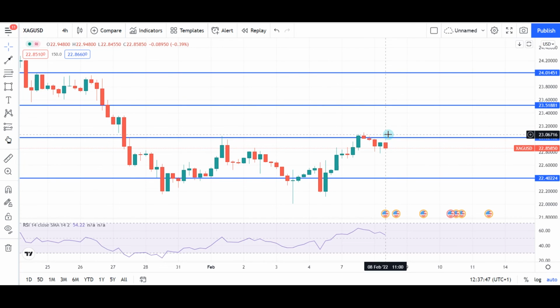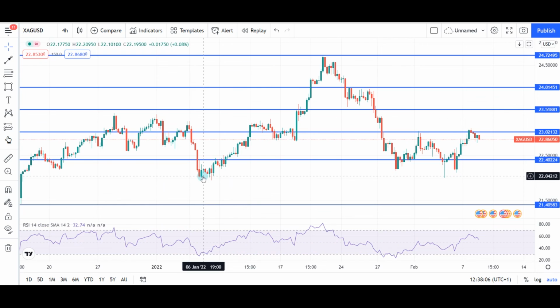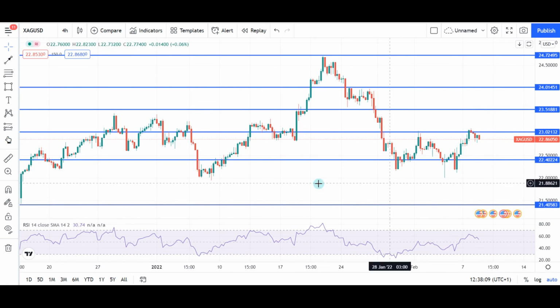If we see a relaxation and easing of these tensions, we will definitely see silver prices go down, and you can take a sell option. Or if the tension between countries goes up, what happens? Let me show you. This is what happens. It started at almost the same level and then reached $24.70, and it declined with some good-intention speeches.